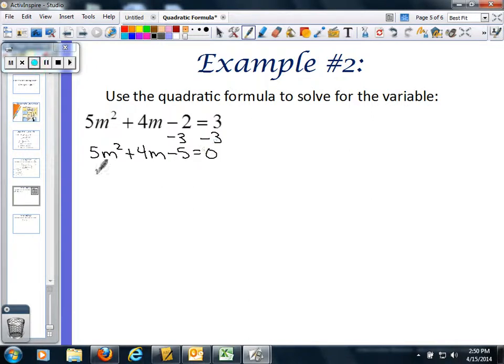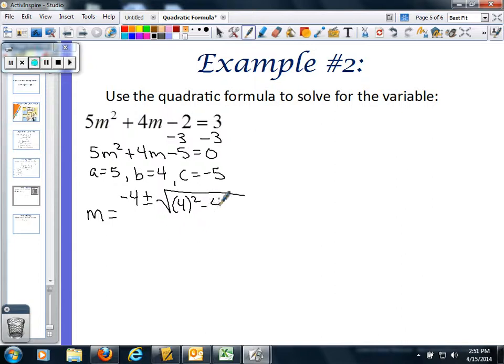I'm now going to find a, which is 5, b, 4, c, negative 5, and now I'm going to plug it in. So we have m equals negative 4 plus or minus the square root of b squared, that's 4 squared, minus 4 times 5 times negative 5, all over 2 times 5.